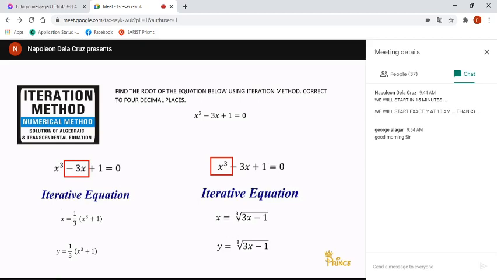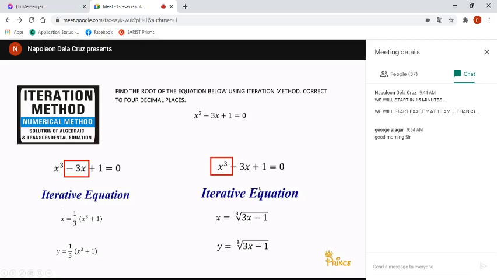We will just assume that y is equal to, parati na lang nawawala itong cursor, nakakairita. Y is equal to the cube root of 3x minus 1. Tandaan, the first iterative equation, the second iterative equation, marami pa yan.